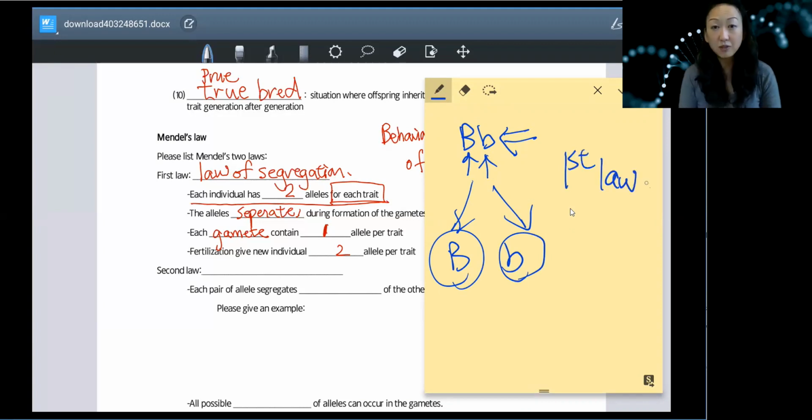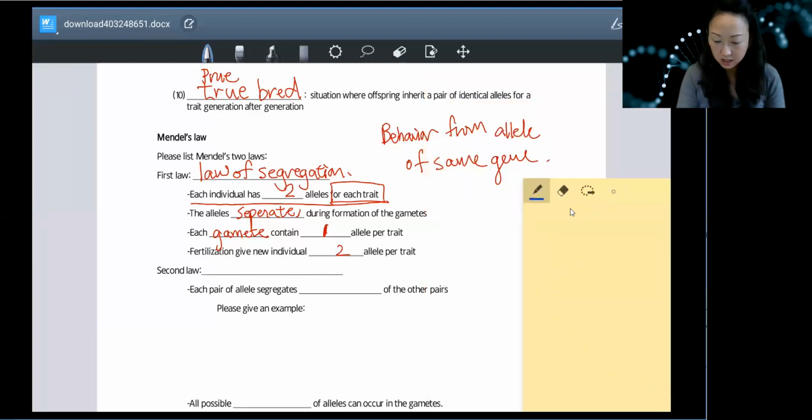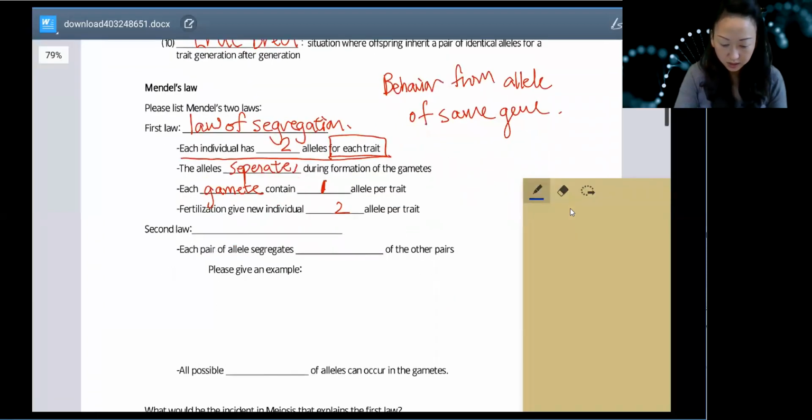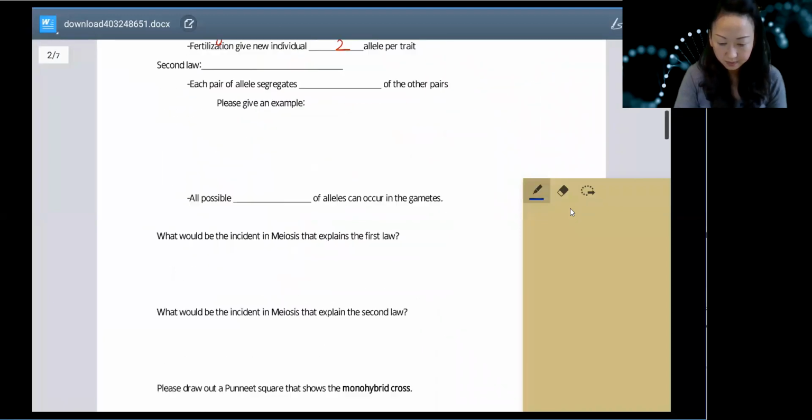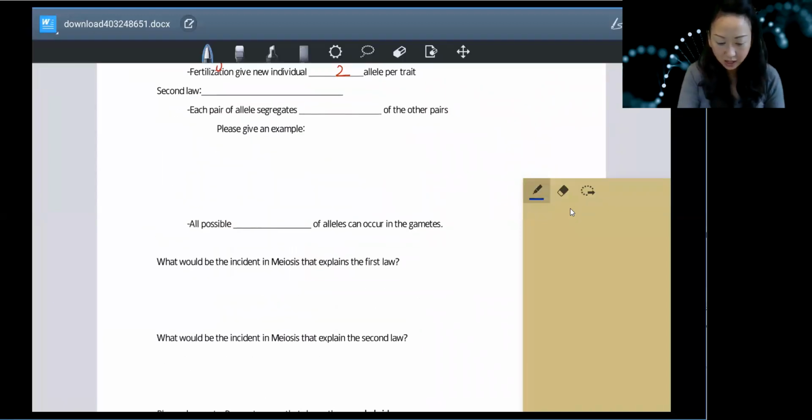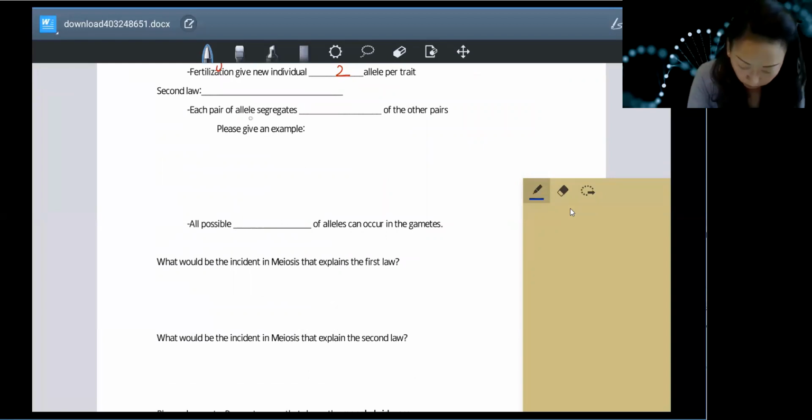Let's talk about what he figured out for the second law. The second law is called the law of independent assortment.